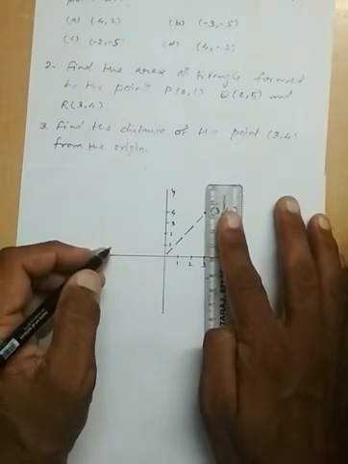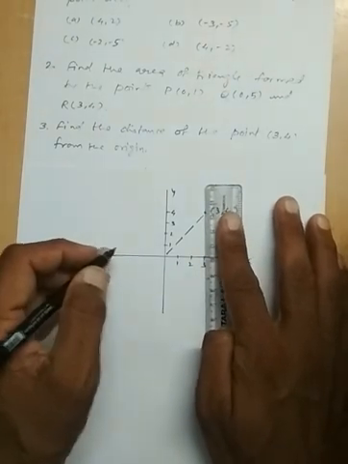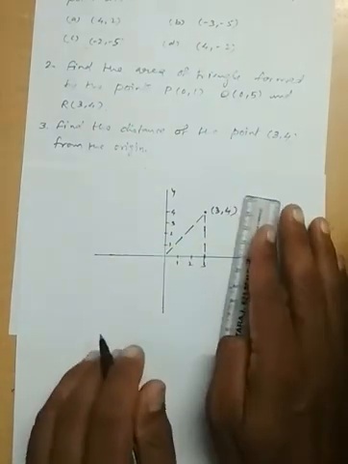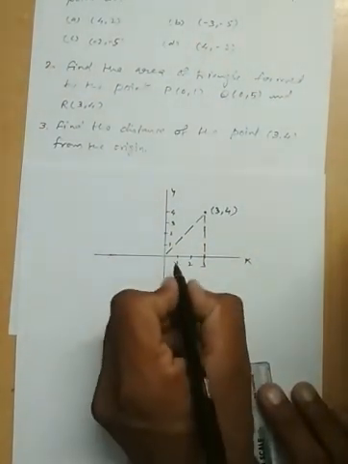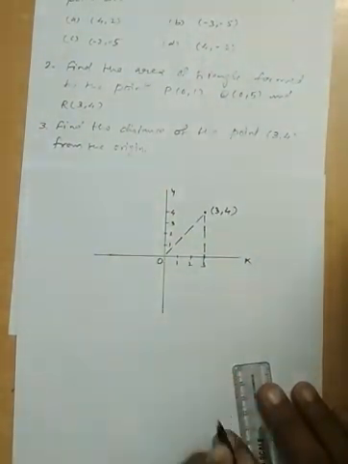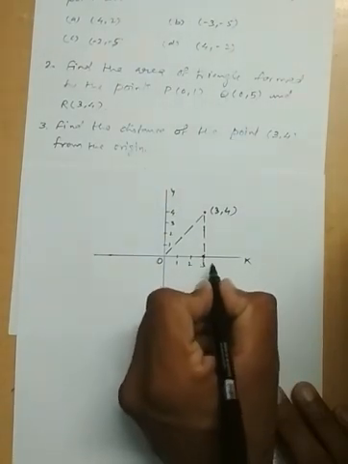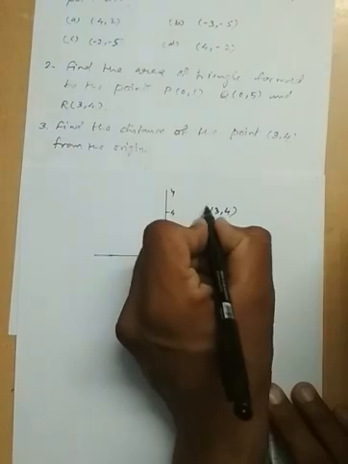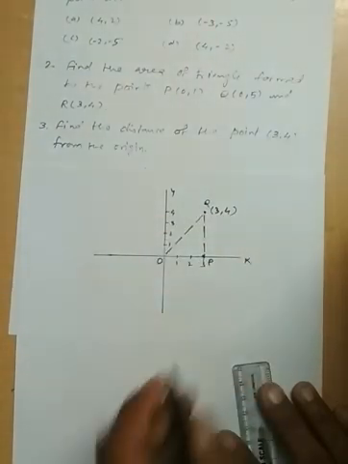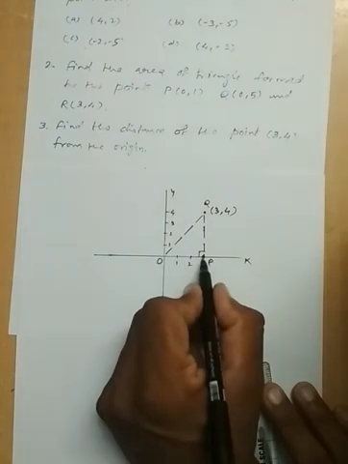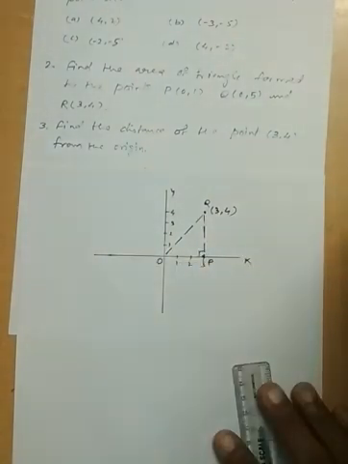For this distance, here also draw a perpendicular. We take the origin O, and give the names P and Q. OPQ is a right triangle, and this is 3 units and this is 4 units.